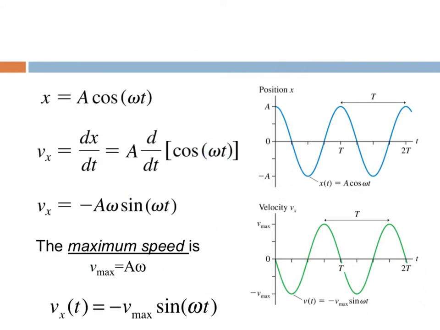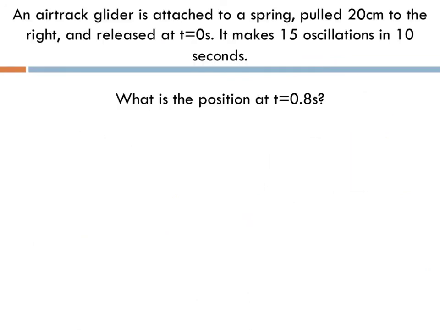Again, here I am showing V max, but this is referring to maximum speed, not velocity. It's just the way you're going to see it on equation sheets, so I just want to make that distinction. So let's do this last example.